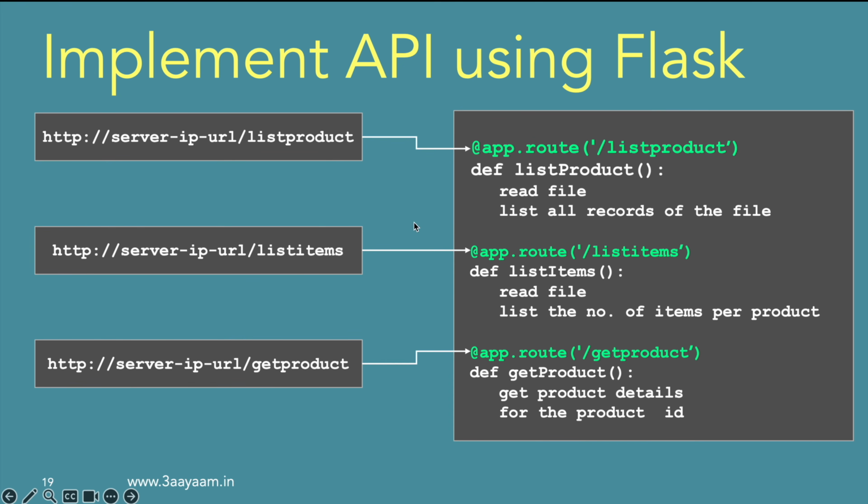Now you might see that the names of the functions are similar to those of the API names. Again, this is a best practice that you should name the functions and the APIs similarly so that there's no confusion. Using this diagram, I'm trying to tell you that you can implement multiple APIs in the same Python program. What you have to do is have multiple functions for those multiple APIs, and then add the magic line followed by the name of the API.